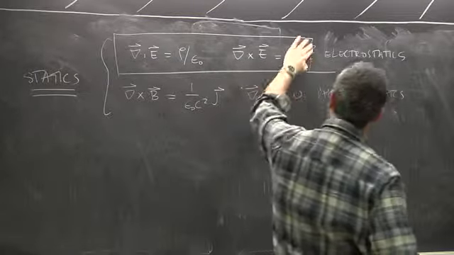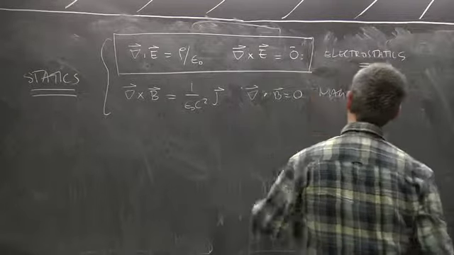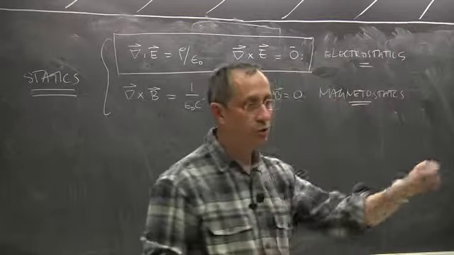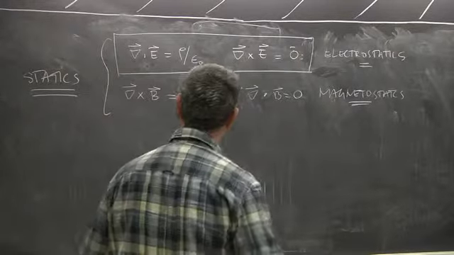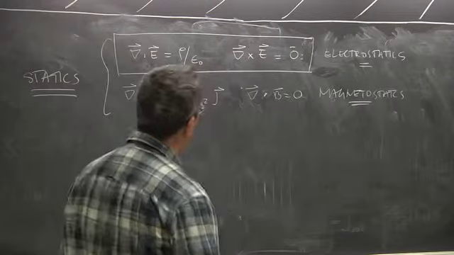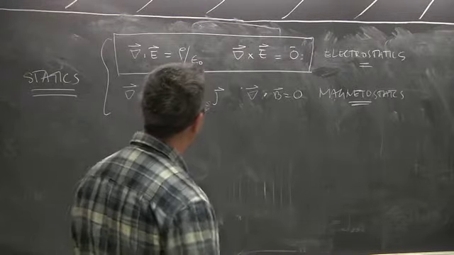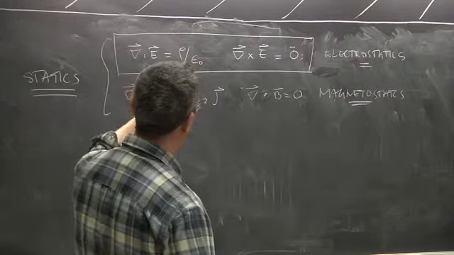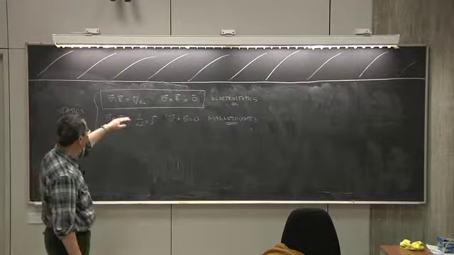But in this ideal world of problem solving, of textbooks, you can assume that you switch off time and study just statics. In the real world, there is no statics. You cannot freeze anything. Or you can approximate this by screening and all this stuff. But for the purpose of studying the subject and doing exercises, you can really split the problem.